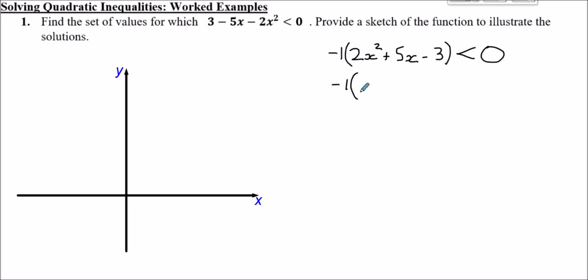So can we think of two numbers which multiply together to give minus 6, and when we add them, it gives us 5? Well, those numbers are going to be 6 and minus 1. So we can partition this 5x into positive 6x and minus 1x.